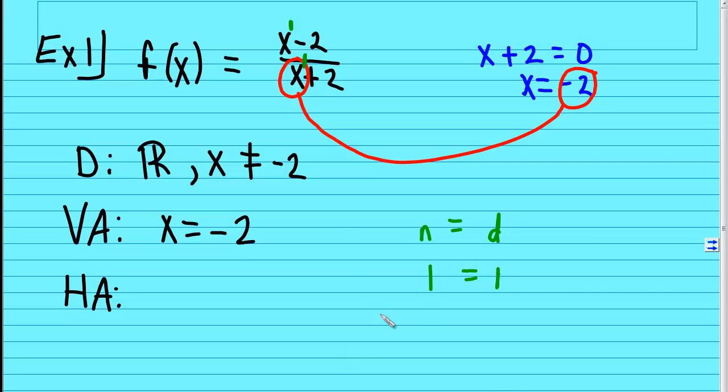When the highest degree on the top is equal to the highest degree on the bottom, then y is equal to a over b, which is 1 over 1, which is equal to 1. So y is equal to 1. In this case, my a is 1 and my b is 1.